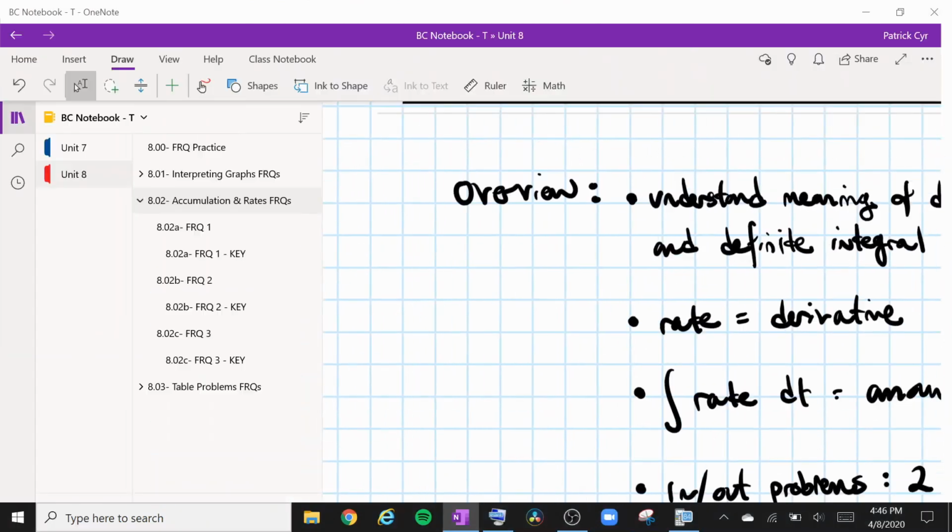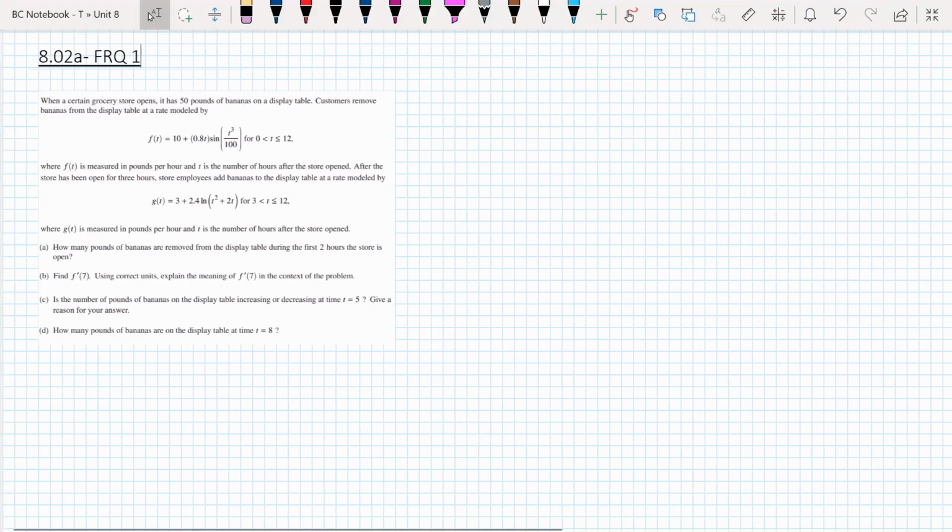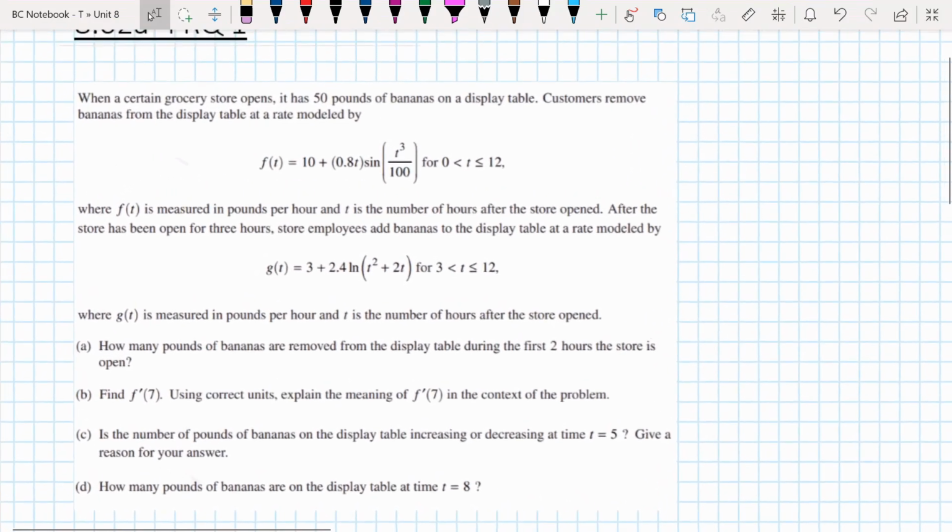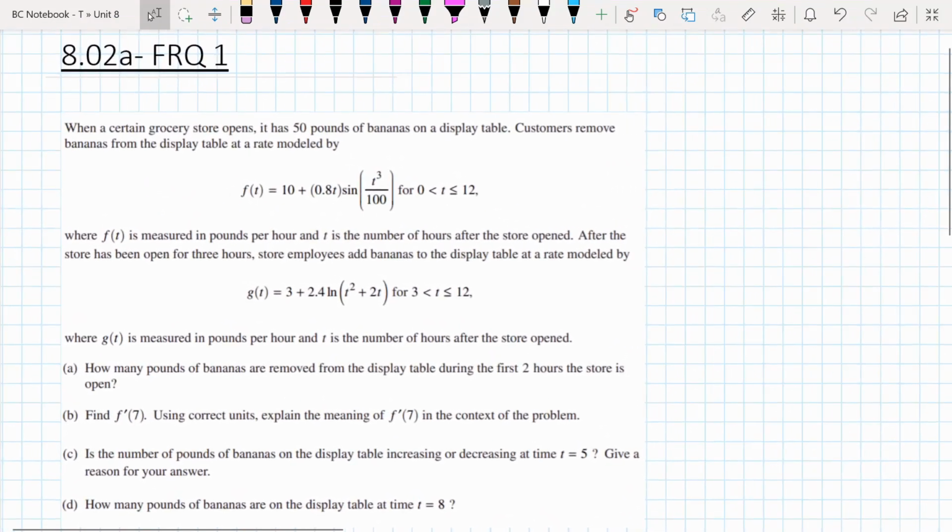So our first FRQ involves bananas. Very exciting. Let's say when a certain grocery store opens, there are 50 pounds of banana on a display table. Customers remove the bananas through the following function right here, some complicated sine function.